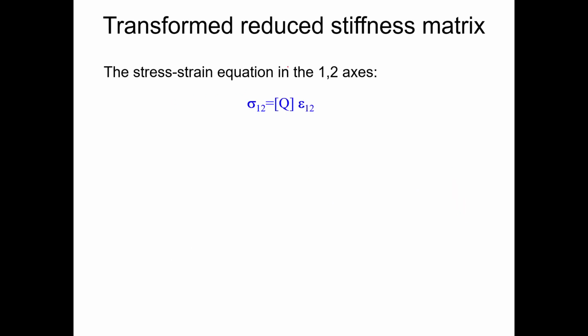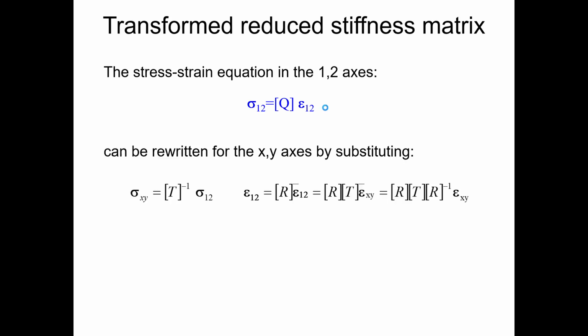And the stress-strain equations in the 1, 2 axis can be written as sigma 1, 2 equal to Q times epsilon 1, 2. This can be written for the xy axis by substituting sigma xy equal to T minus 1 sigma 1, 2. And epsilon 1, 2, as we said before, is equal to R times the epsilon 1, 2 bar.